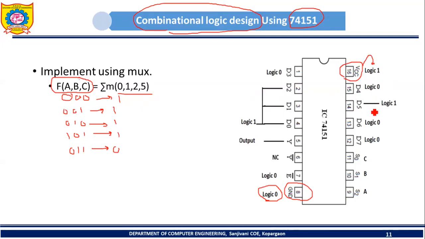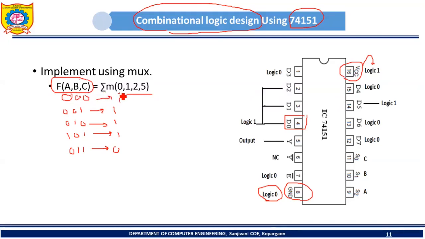Then let's start with D0. You have to assume that each and every input data line of the multiplexer will correspond to one minterm. For example, the D0 line will correspond to minterm 0. Is minterm 0 present in this function?